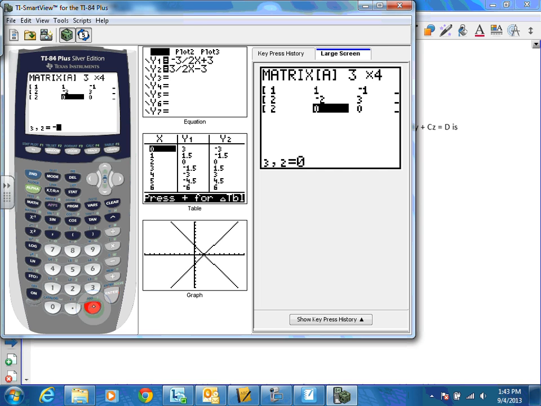You have to hit enter after each one, including the last one, or it won't save it.